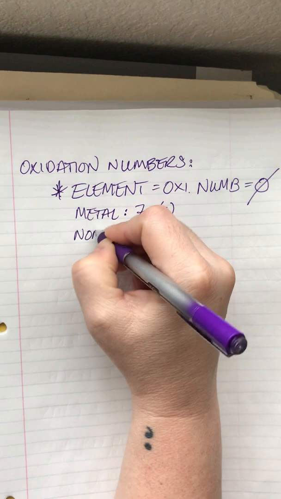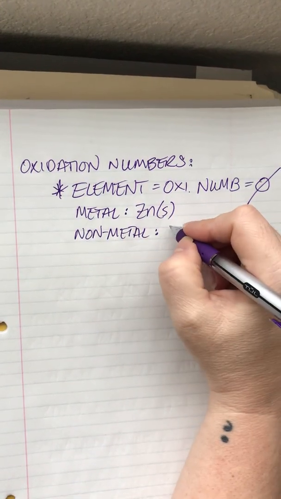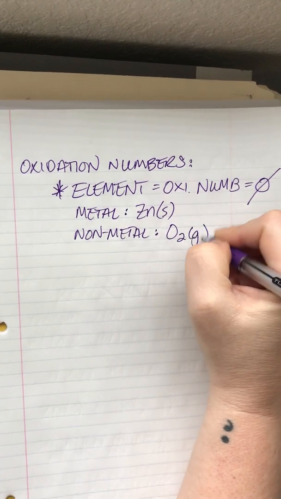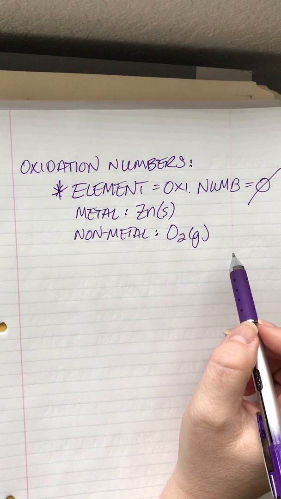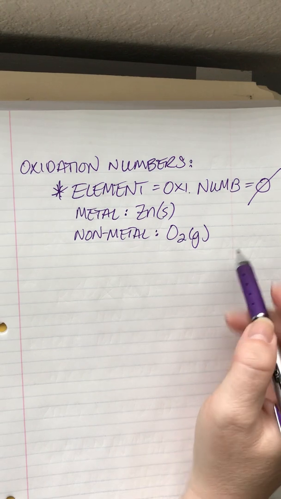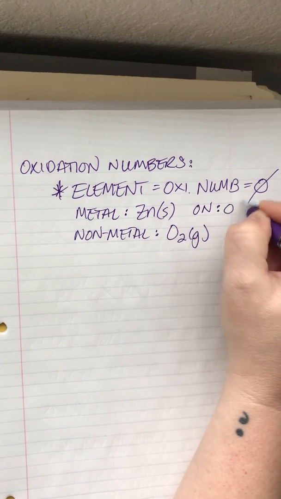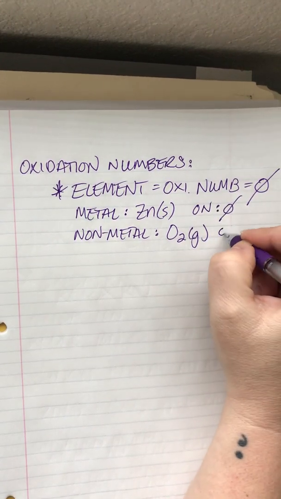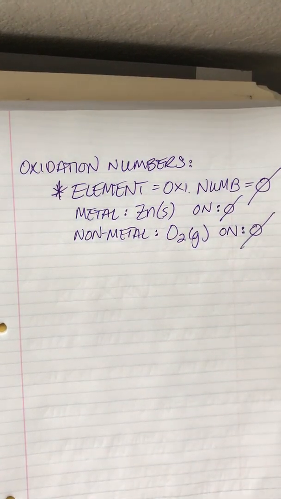So for some of the non-metals, like say oxygen, this would be elemental oxygen, right? Does that make sense? So here, the oxidation number for zinc would be 0, right? The oxidation number for oxygen here would also be 0, okay? You guys on board with me so far?